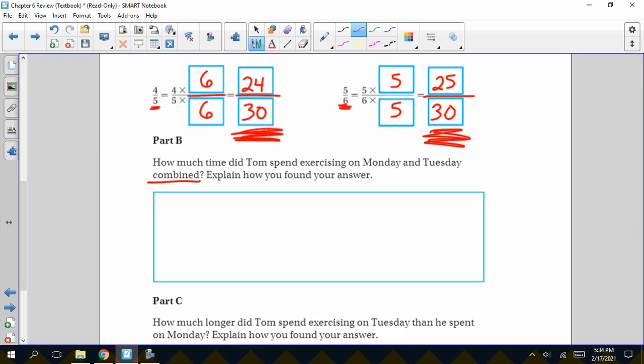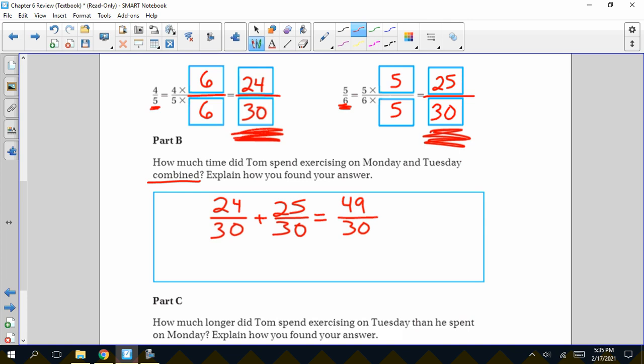Now we already have the common denominator, so we're going to do 24/30 plus 25/30. We're going to add those two fractions together. If we add those two fractions together, 25 plus 24 is 49/30, which is an improper fraction.